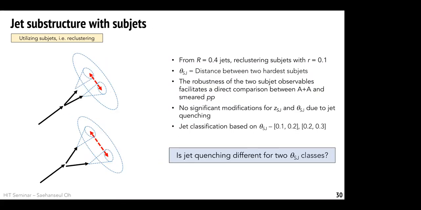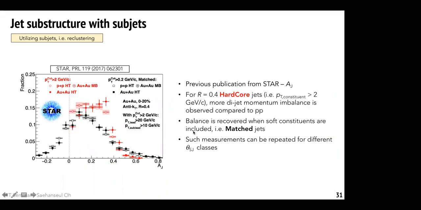So now let's say we have these two classes of jets, and how do we quantify, or how do we see the jet quenching? The observable that we chose is AJ, the dijet imbalance. STAR has a previous PRL publication on the AJ, and for R equal 0.4 hard-core jets, which means the constituents are larger than 2 GeV, more dijet momentum imbalance is observed compared to PP.